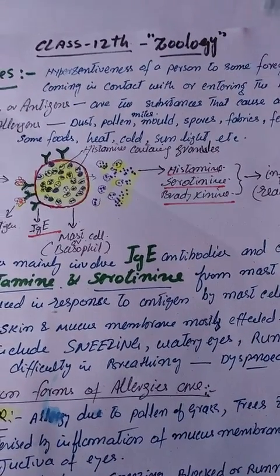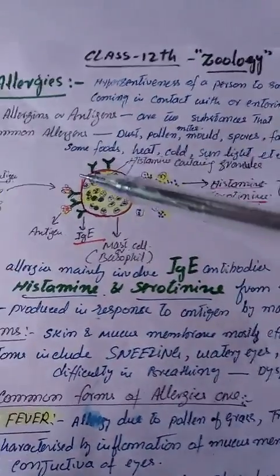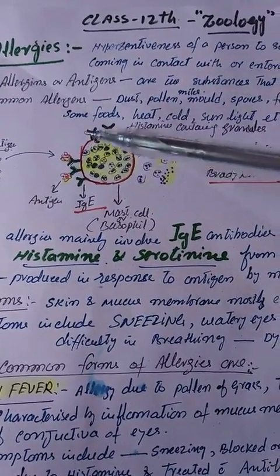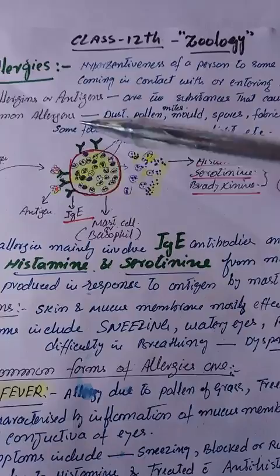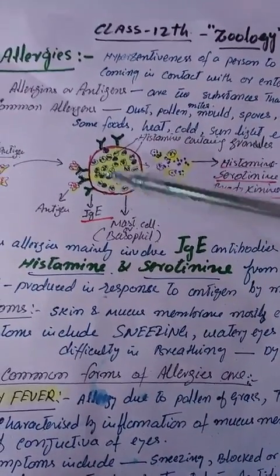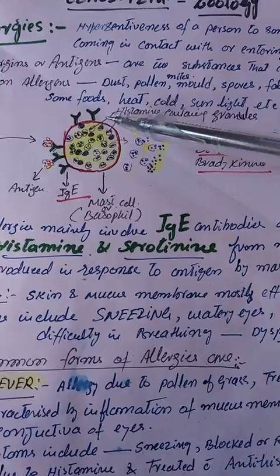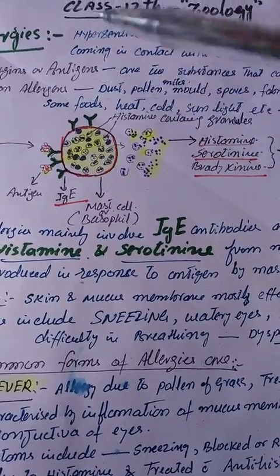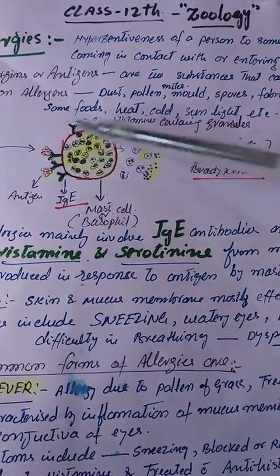Now, whenever an allergen comes in contact or enters our body, it basically is countered by the mast cells in our body. Mast cells are basophils. In fact, these basophils, as is shown in this sketch, have IgE immunoglobulin on their surface.